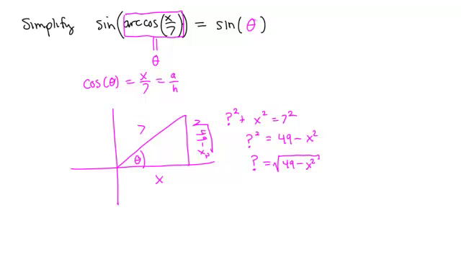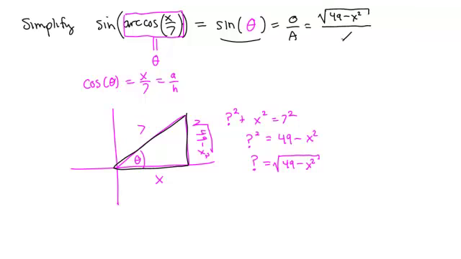So let's go back to the original problem, which was the sine of the arccosine of x over 7, or the sine of this unknown angle. To work out the sine of an angle, you would draw a triangle with this reference angle. Well, here's the triangle right here. So the sine is equal to the opposite over the adjacent. Well, the opposite side is the square root of 49 minus x squared. The adjacent side is x.